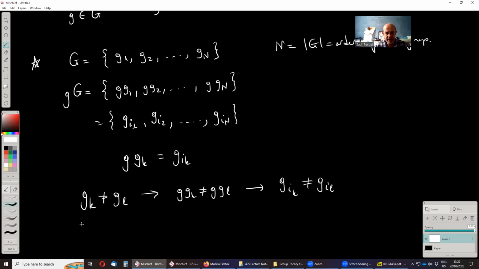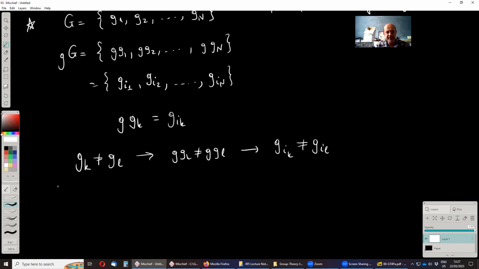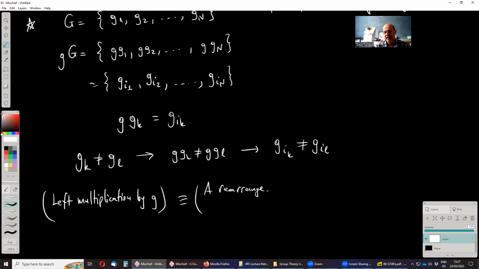So as a result, this is basically equivalent to saying that left multiplication by g is equivalent to a rearrangement of the group elements.